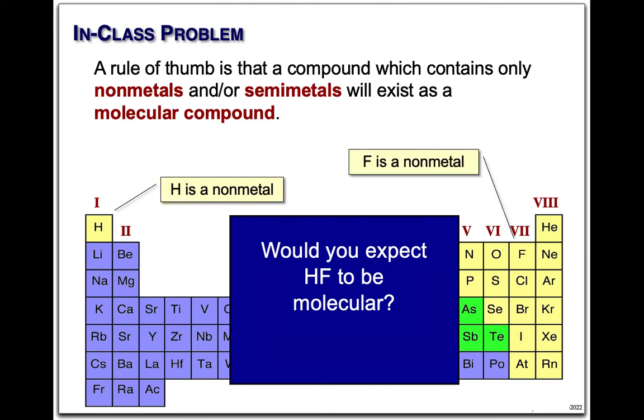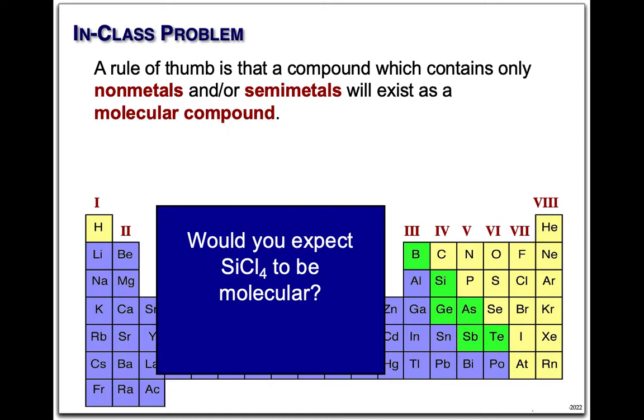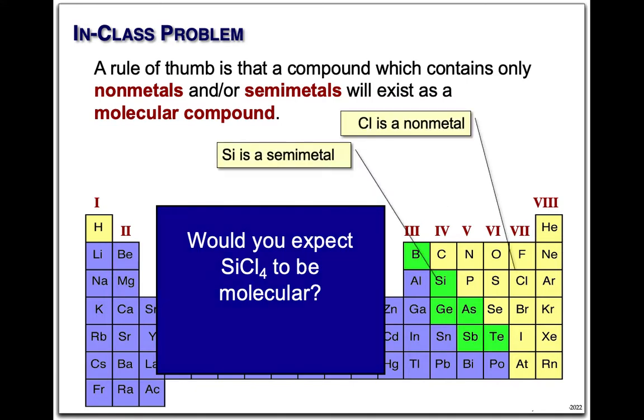We have a covalent molecular compound. Silicon tetrachloride. Silicon is here. It's a semimetal. Chlorine, of course, is a nonmetal. This is molecular with 4 covalent bonds.